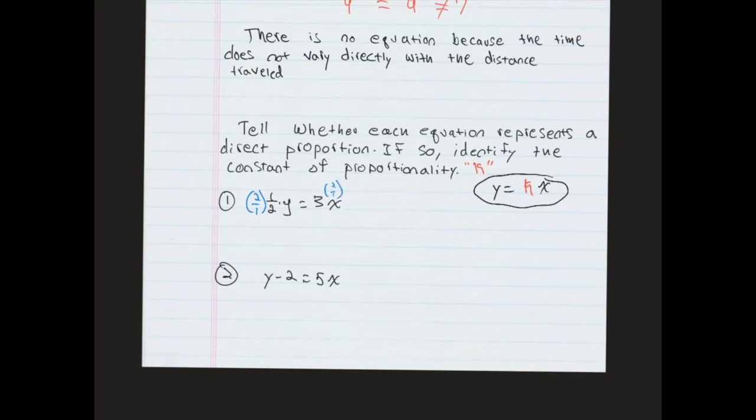I'm just going to write it in between the 3 and the x. I don't want to write it over here because then it looks like I have x smushed between two different numbers, and really I'm multiplying these two together.